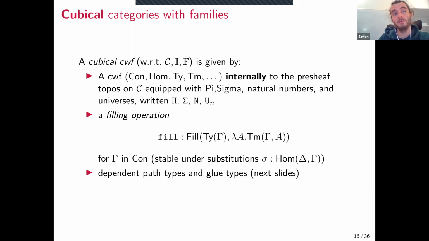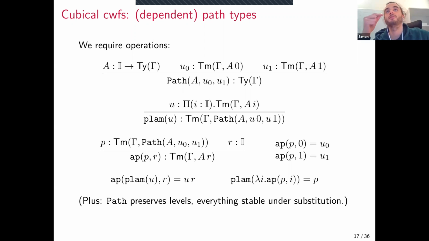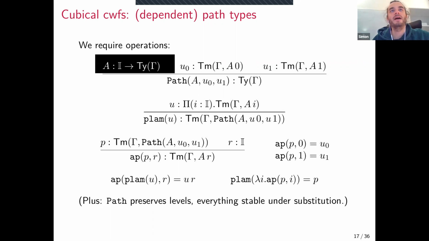Then there will be two more ingredients, which are dependent path types and glue types, which I will show in a second. Actually, I will show now. Let's start with the path types. These are dependent path types because this fits what we'll do later on better. We require here that we have operations. If I have a path of types, this is A here. These are now operations in the internal language. I have this path of types and two endpoints, which are in Tm.